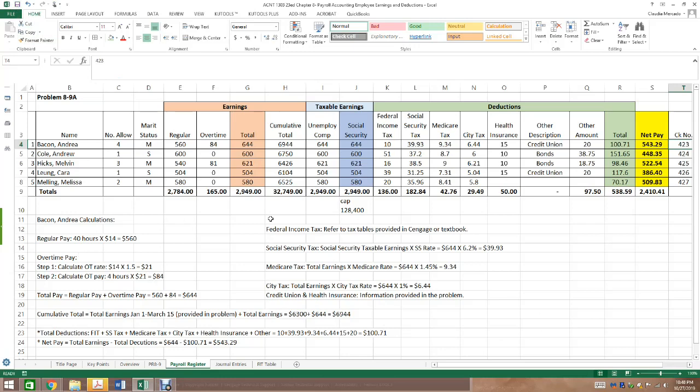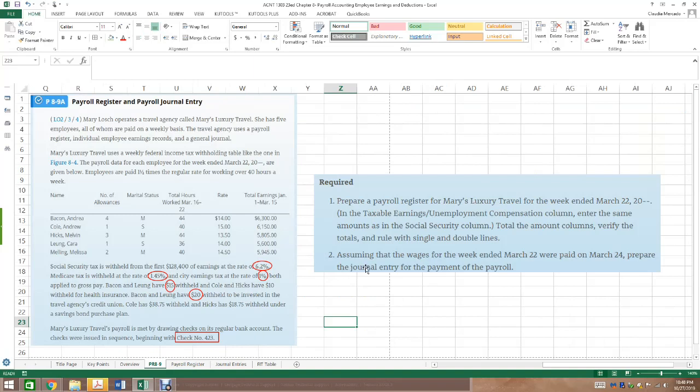All of the descriptions or the calculations are provided here, so you can follow along and replicate. Now, once we have our completed payroll register, we are being asked to prepare the journal entries for the payment of the payroll, as of the end of March the 22nd.